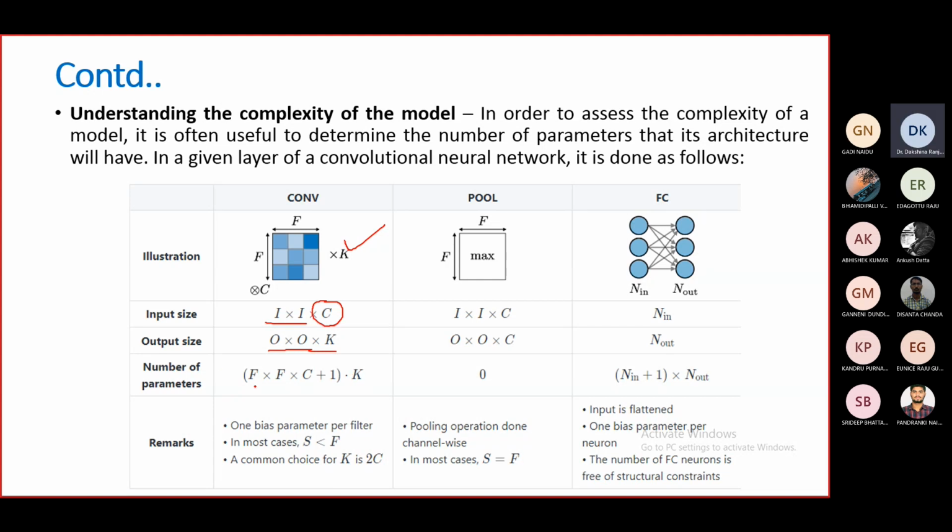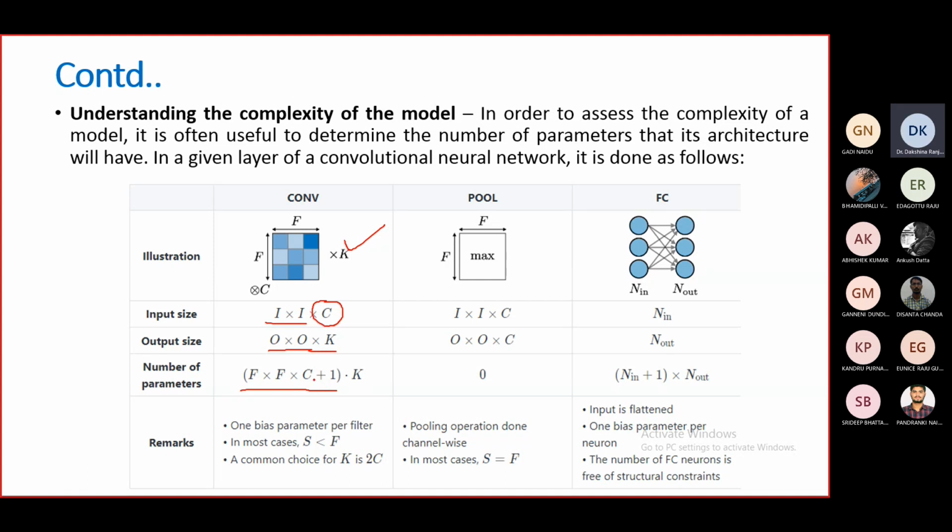For one filter convolved with the input volume of the image, this gives us f into f into c plus 1 parameters.